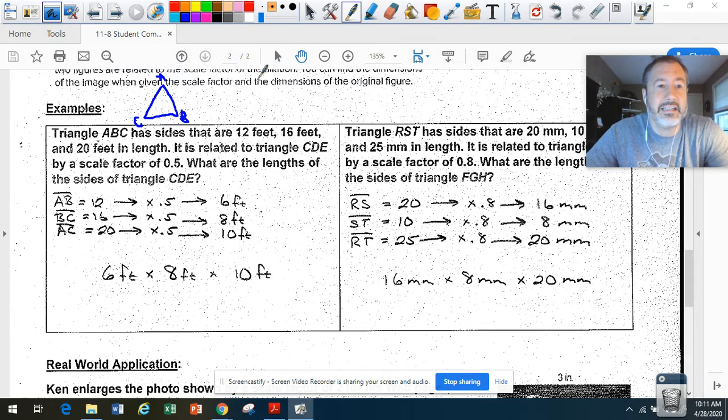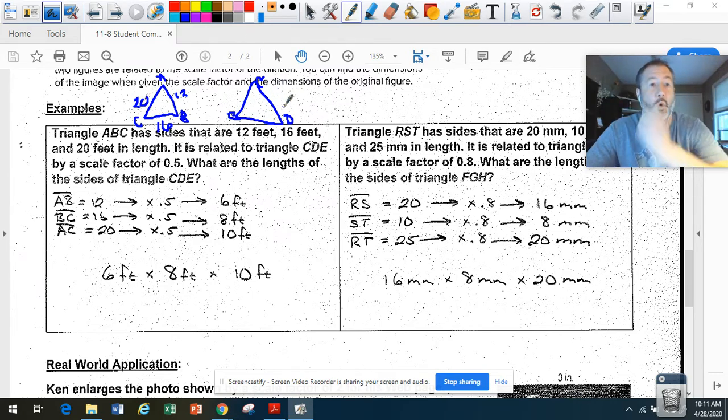So we've got a triangle here, C, D, E. And we know that the side lengths will go A to B, A to B is 12. B to C is 16. And C to A is 20. And we're going to figure out what these sides are going to be.